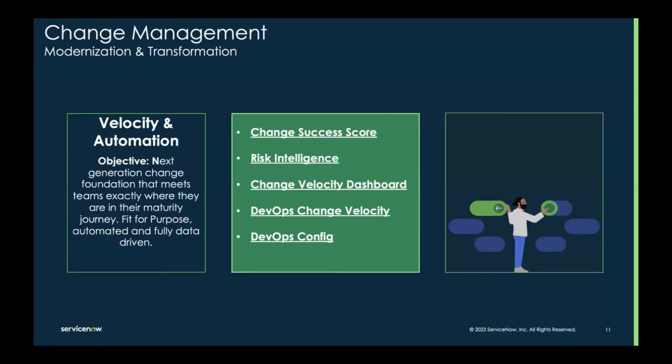So we'll cover change success score, risk intelligence, change velocity dashboard. I'm not going to cover DevOps change velocity or DevOps config today because I've done a number of webinars on those specific topics already. So you can go and have a look at those if you want to deep dive into those ones. I'm not going to cover those today.